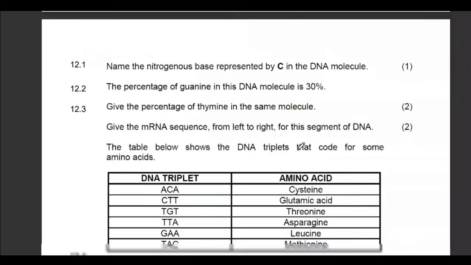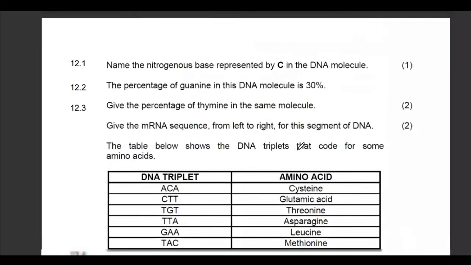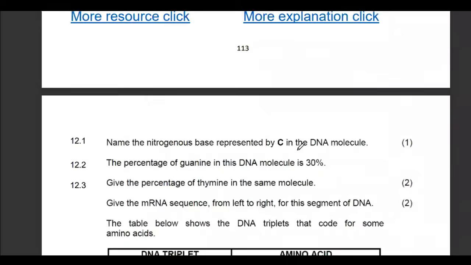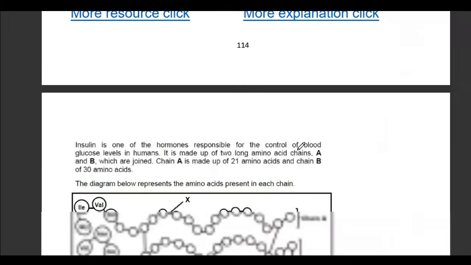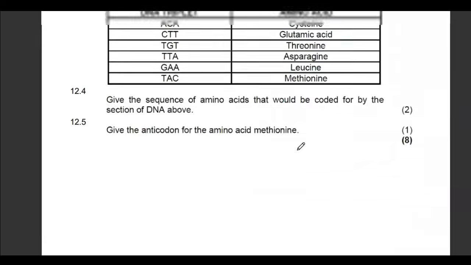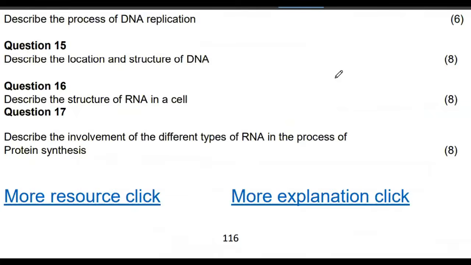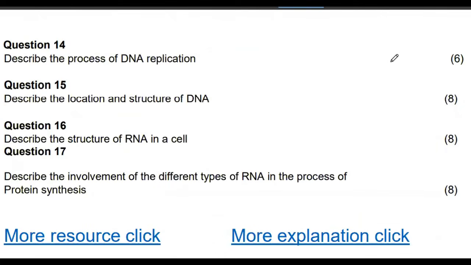So basically, at least you have some light on DNA, and then maybe we will talk about the process of translation, and after that we wind up with the coding and then the mutation. These are some of the short questions which you need to know before you go for the exam.